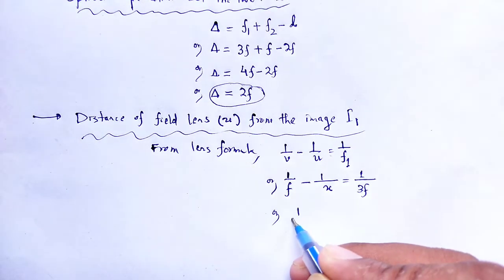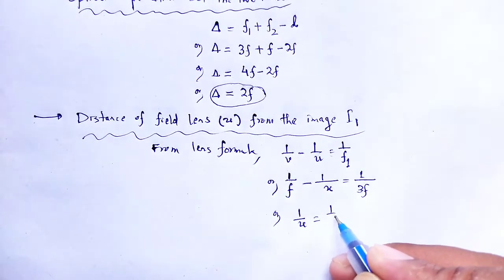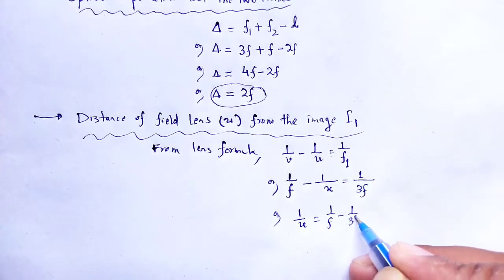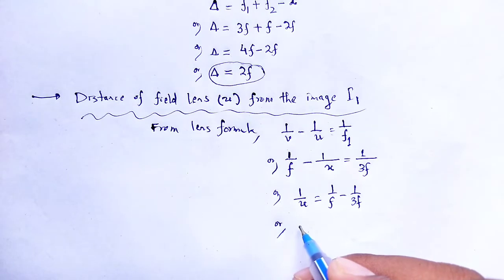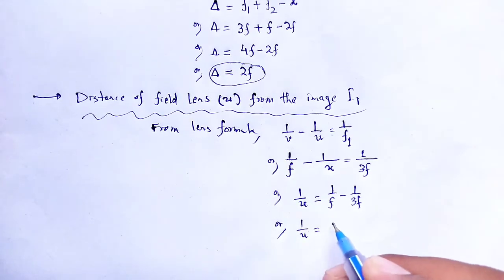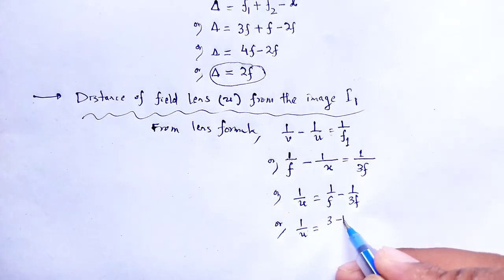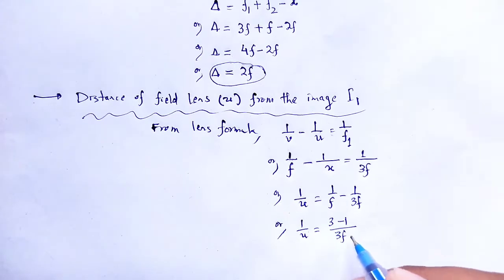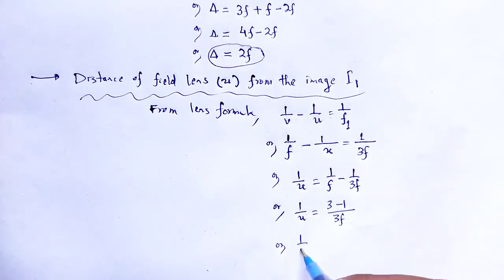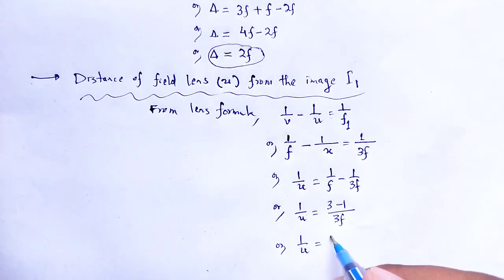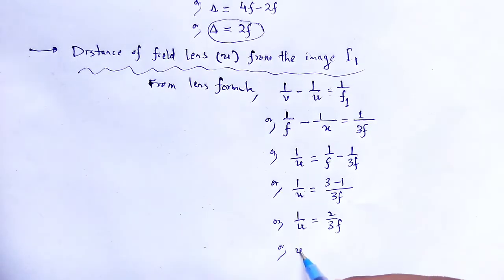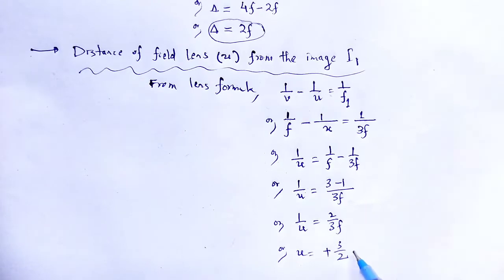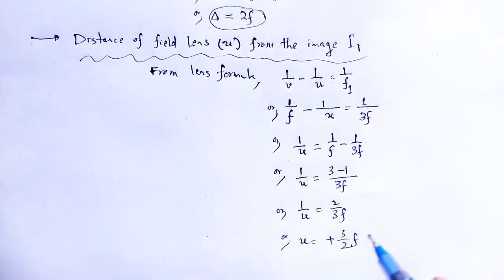Therefore 1 by u is equal to 1 by f minus 1 by 3f, or 1 by u is equal to (3 minus 1) divided by 3f, or 1 by u is equal to 2 by 3f, or u is equal to plus 3 by 2 f.